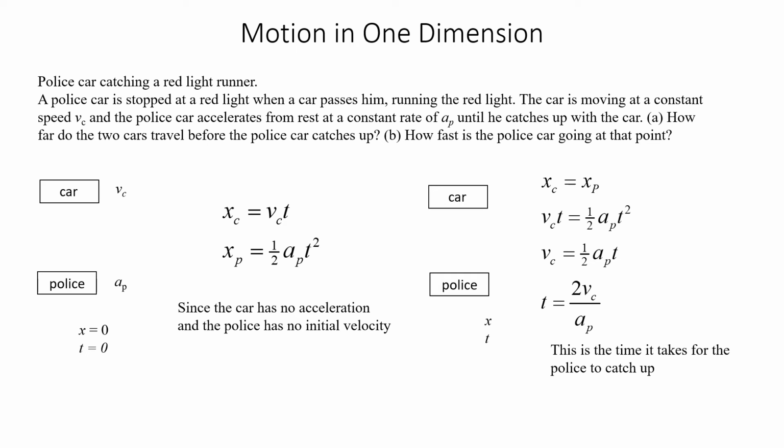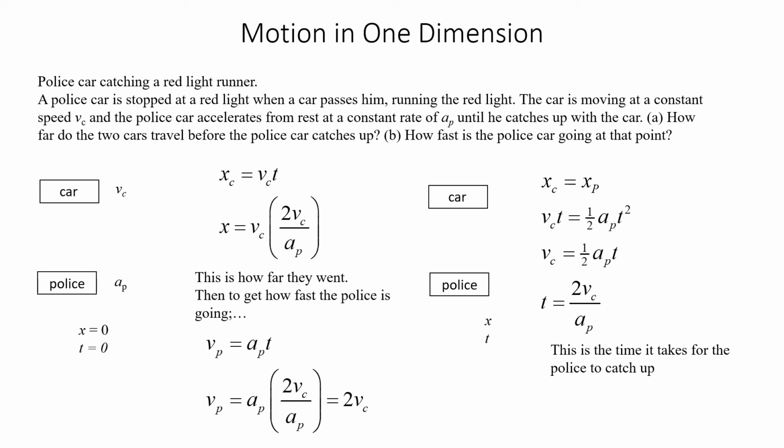All right, now notice the question didn't ask for the time. It asked for how far. But the position of the car we can get from v sub c t. Now we know what the time is, so we can just plug in 2 v sub c over a sub p for the time, and that will give us the position of the car, which is also the position of the police car, and that will tell us how far they both traveled.